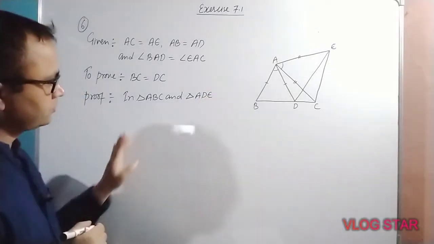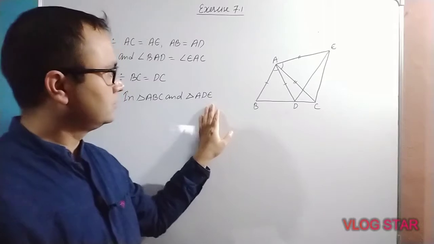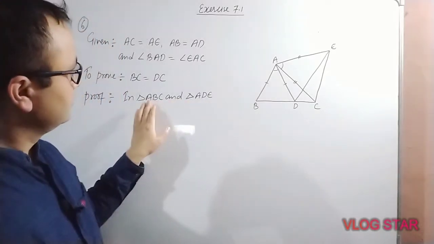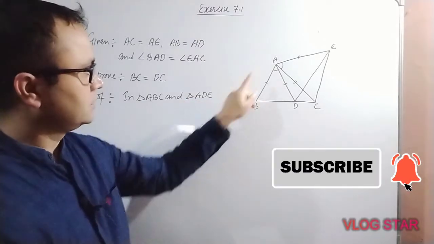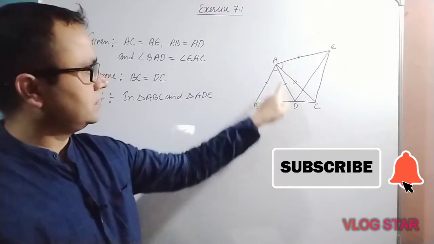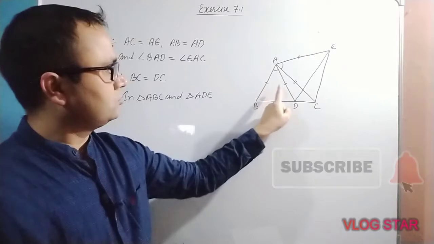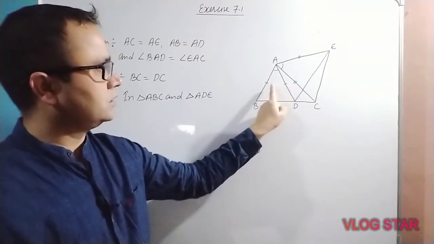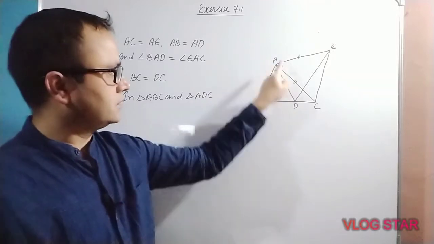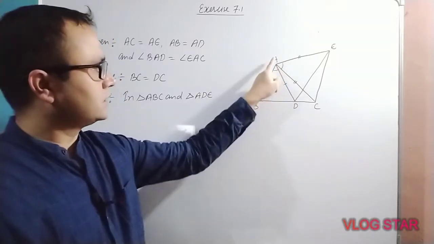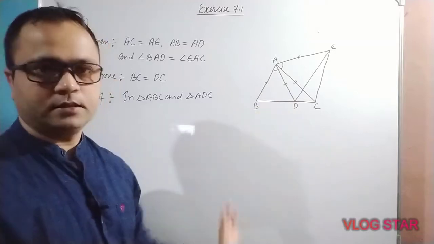In triangle ABC, side AB, and in triangle ADE, side AD are equal.